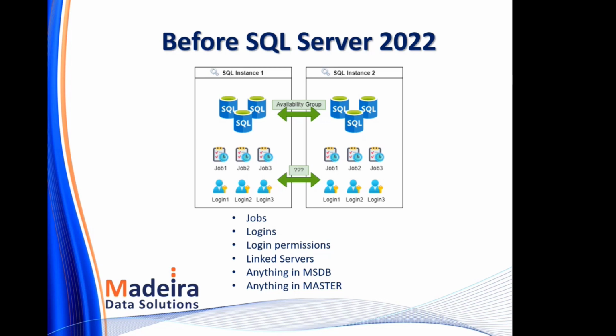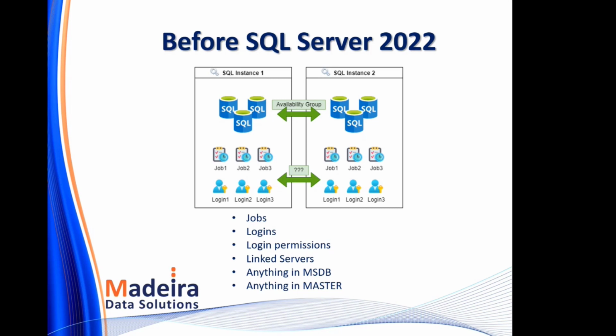So what would we do with it? Before SQL Server 2022, we would implement our own custom solutions. That's in the best case scenario, because in most cases this is falsely not being considered an issue.